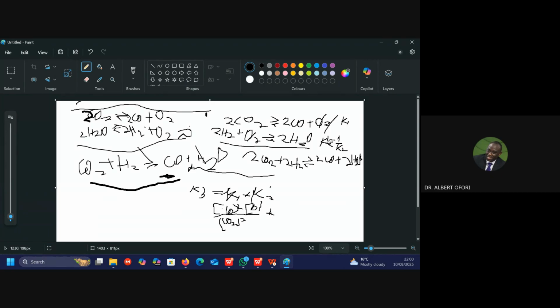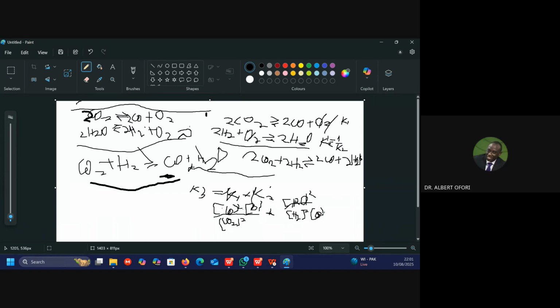And K2 is also going to give me the concentration of water squared divided by the concentration of the hydrogen gas squared, also squared, multiplied by the concentration of the oxygen gas squared.